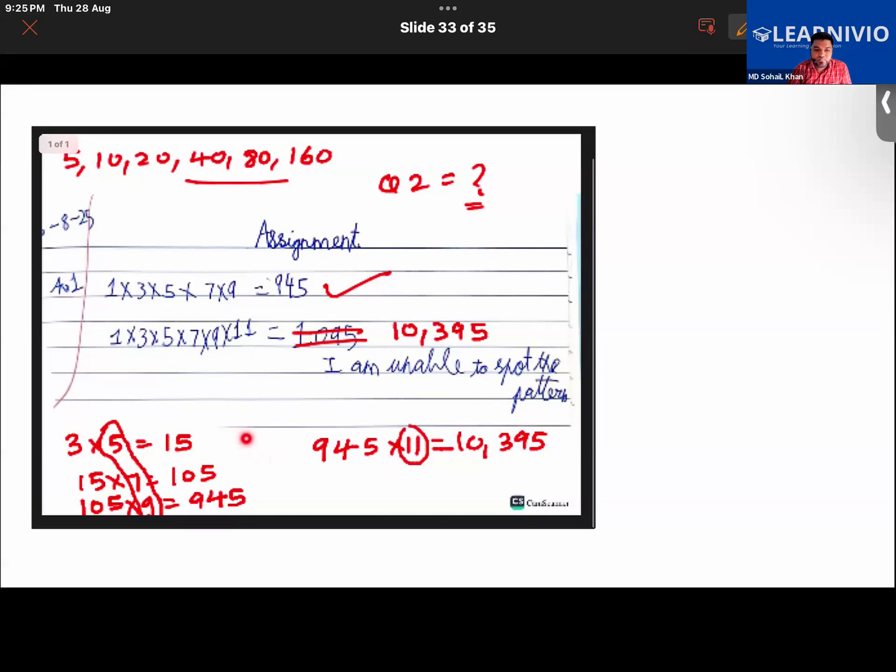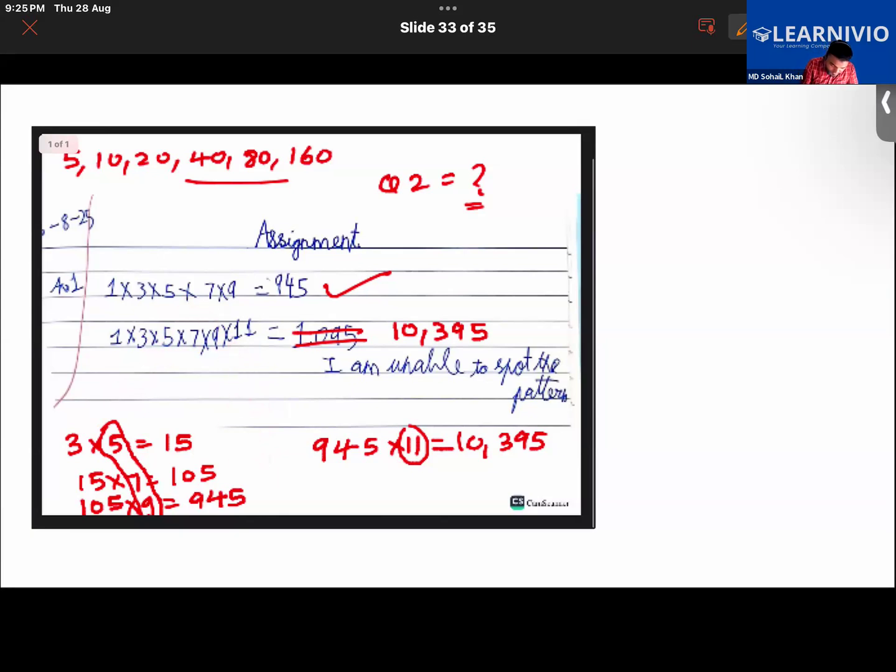Tell me, look. Basically, the thing here is that we have been multiplying consecutive odd numbers, see, 1 into 3 into 5 into 7 into 9. Previous to this, what number did we have?